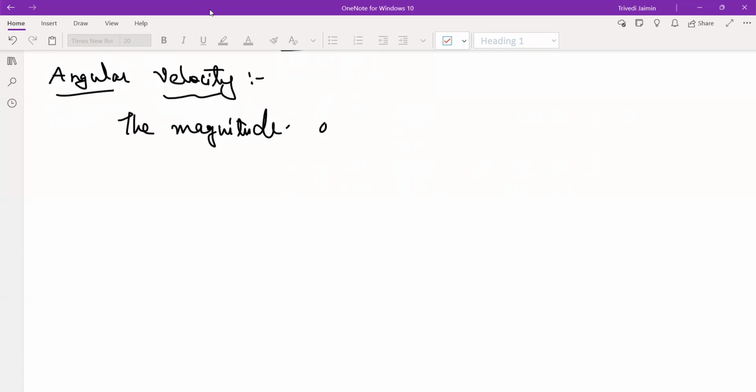So the magnitude of angular velocity is the rate of change of displacement. That is same as usual. What is velocity? Displacement by time. So here, angular displacement by time. That's it.